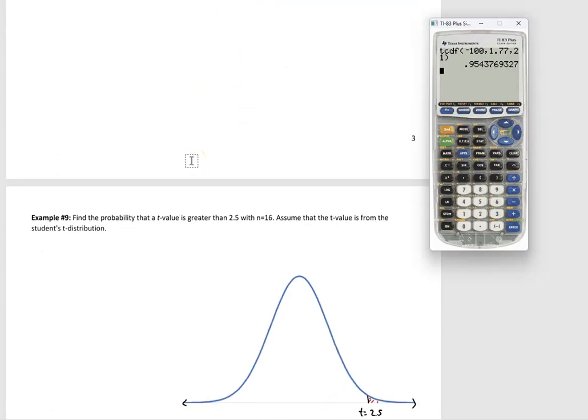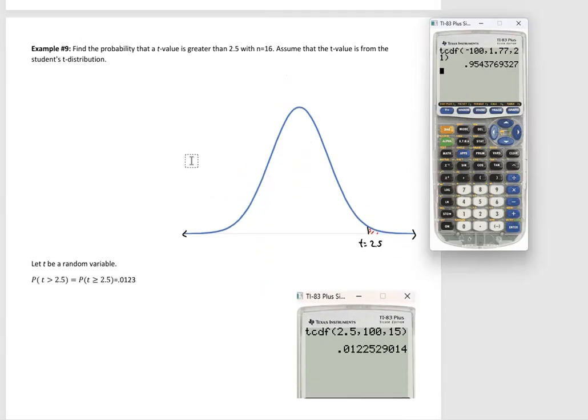Okay, so let me talk about the last one. The last one has the opposite end. It starts from 2.5 all the way to positive infinity. They also view it as a probability. Same as the previous problems, you need to declare it. You can go directly to greater than or equal, but I'm just translating the statement as greater than or equal. And then in this situation, we're going to be activating the TCDF.